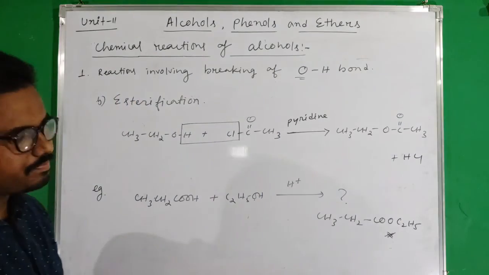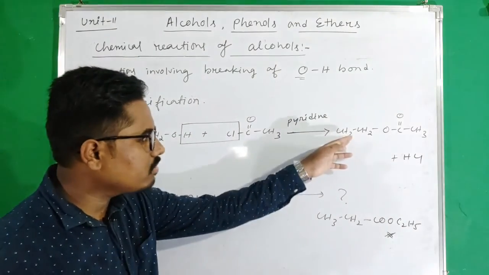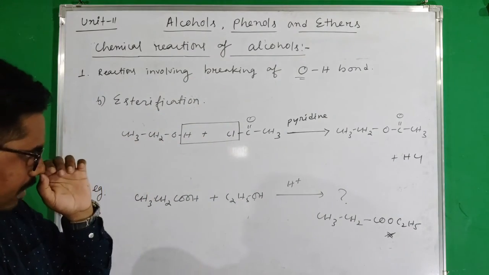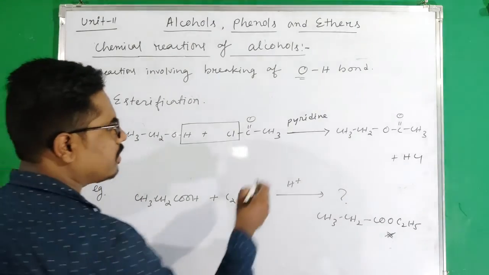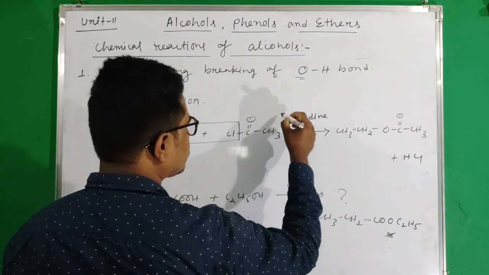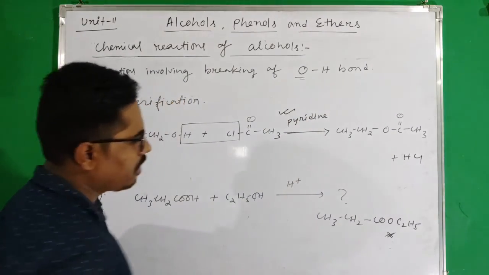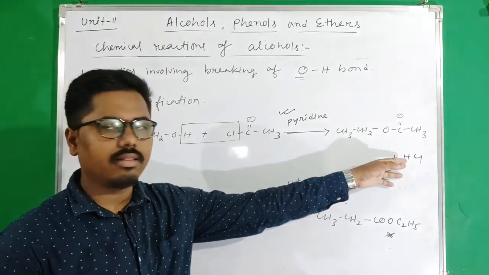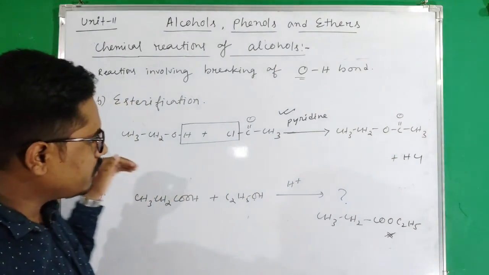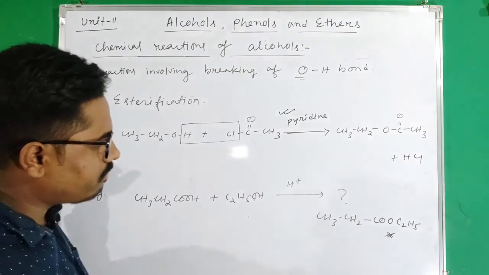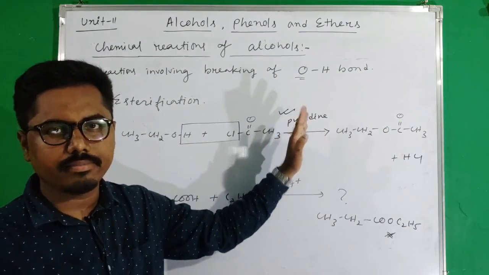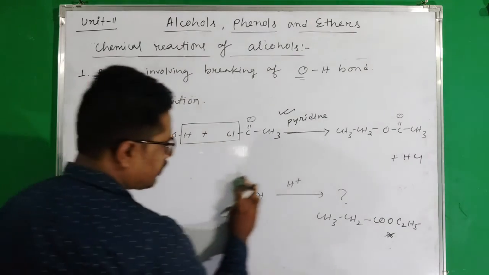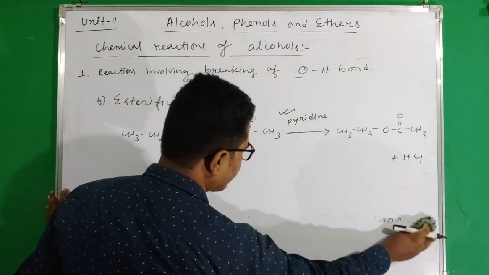Okay, that means ester will break to give acid chloride and alcohol. Therefore, the reaction is carried out in presence of a base, and the base is pyridine. This base will neutralize the HCl. Therefore, the reaction will take place only in forward direction. Okay. So, we have again studied another example of esterification reaction.